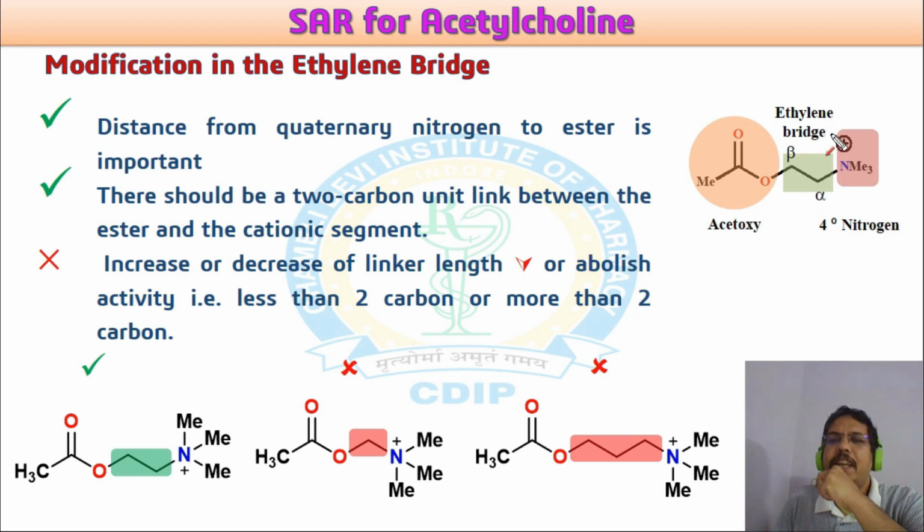Generally, this linker has a chain length equivalent to 2 carbons, but if we increase to 3 carbons or decrease to 1 carbon, then the activity decreases or is abolished.